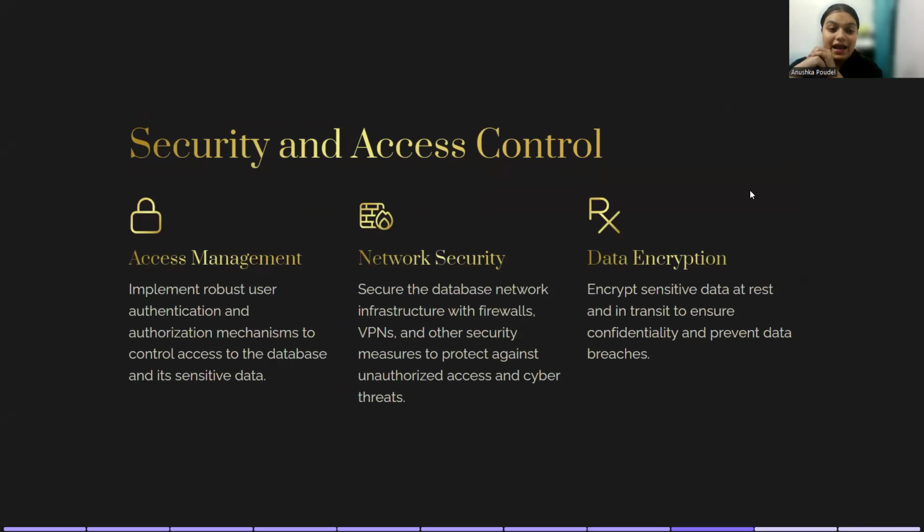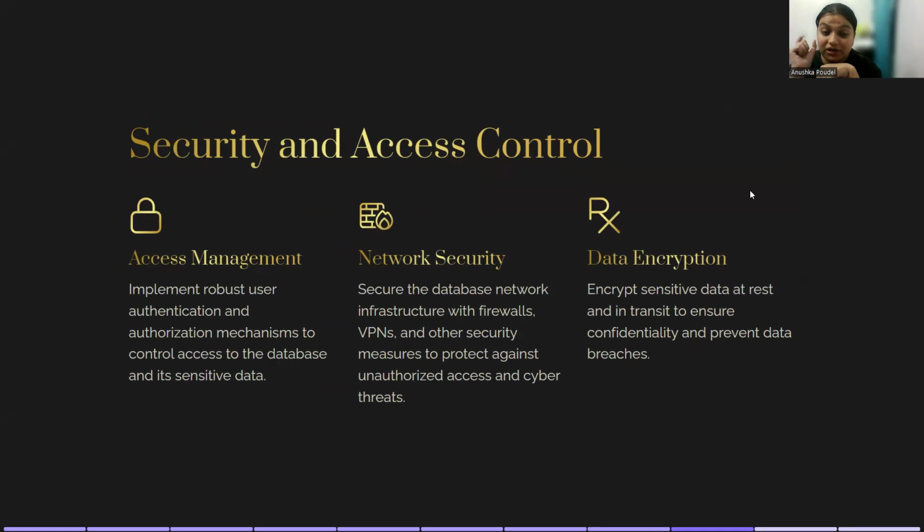Access security and access control. Access management ensures that only the authenticated user gets access. After the authentication of the user, only then will the user get access. Implement robust user authentication and authorization mechanisms to control access to the database and its sensitive data. Network security.